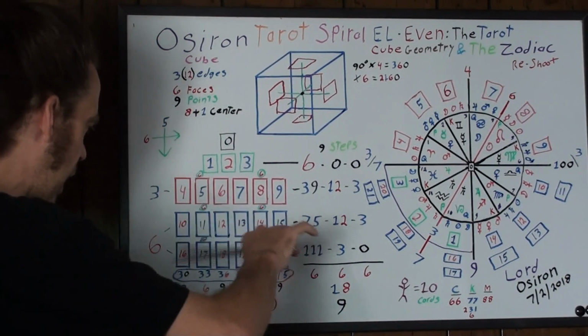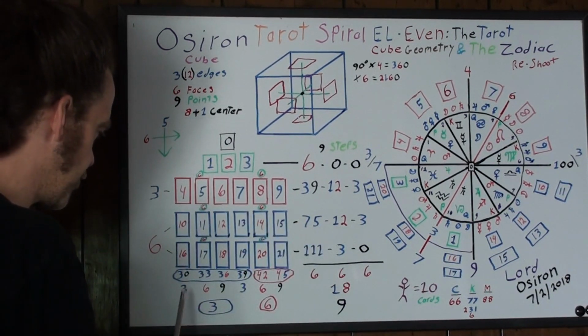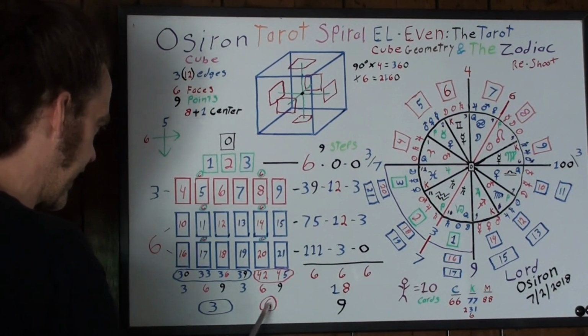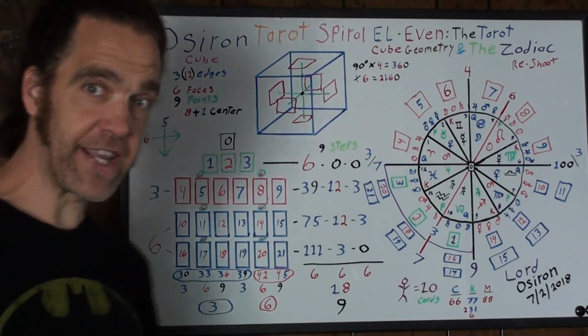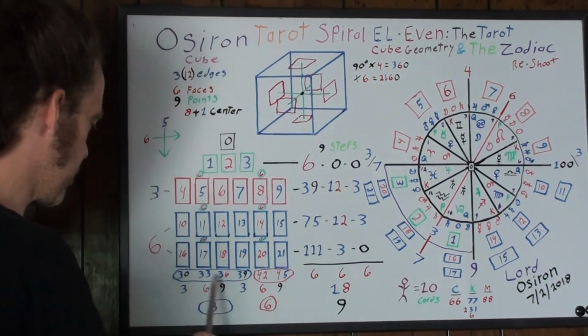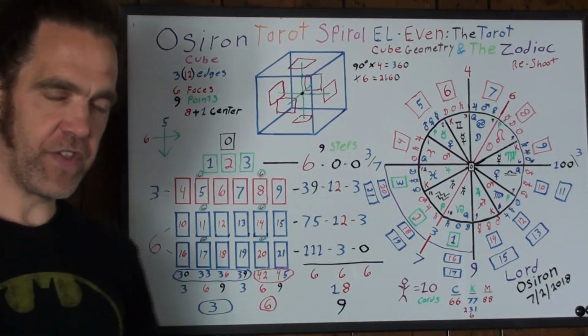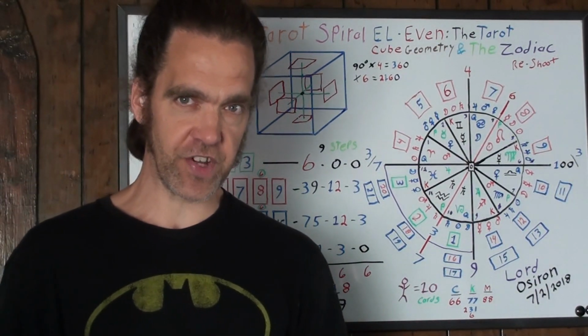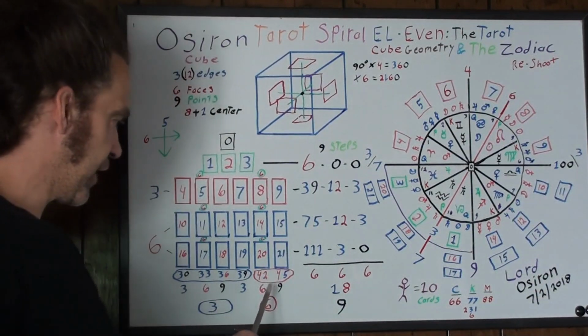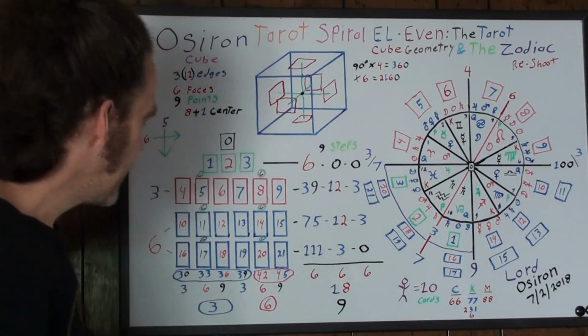But also, each of the columns reduce to 3, 6, 9, and 3, 6, and 9. But it separates into 2 distinct groups. This first group of 4, all the numbers in there are Kundalini numbers of 3, 6, and 9, whereas the last 2 here are all terrestrial numbers.